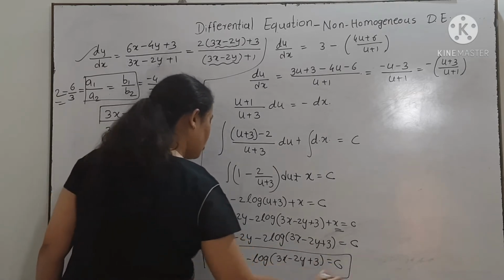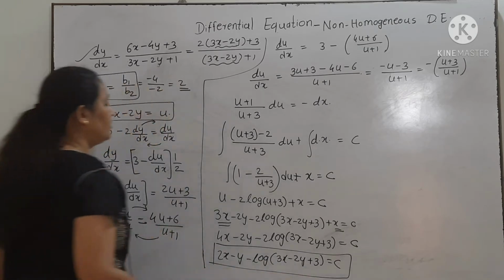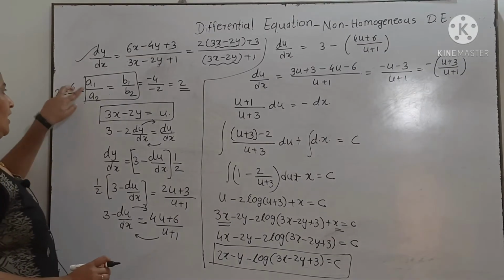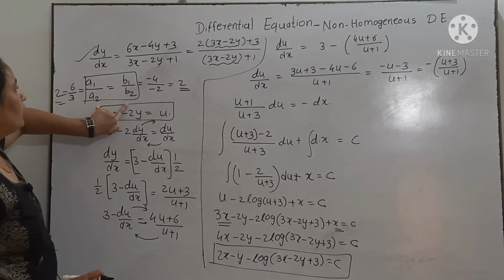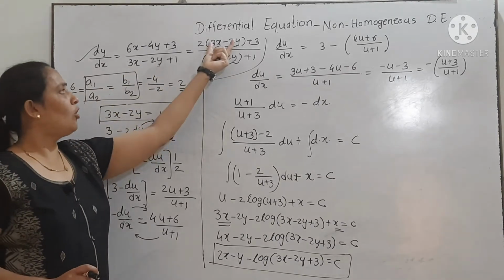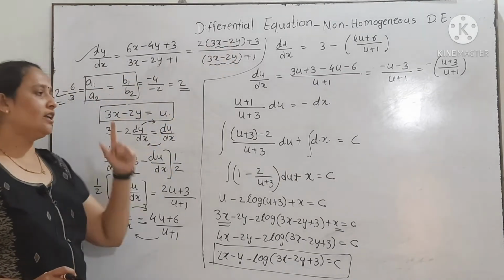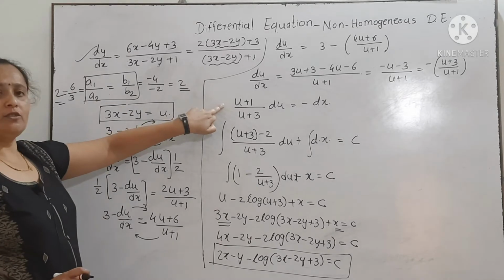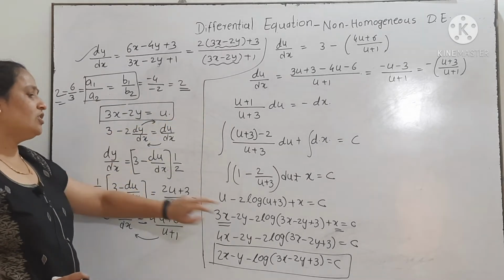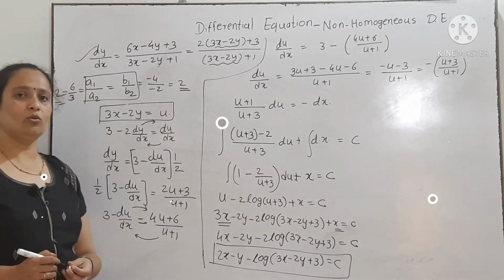And this is the solution of the non-homogeneous differential equation. See, once you have a1 upon a2 equal to b1 upon b2, there is some common factor. Put that common factor equal to u. Equation reduces to variable separable form, which after integration gives us the solution.